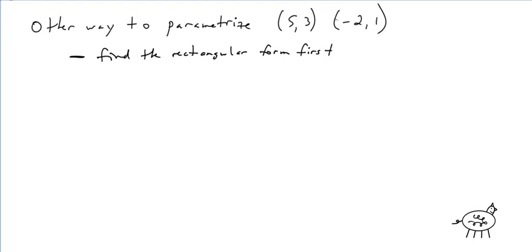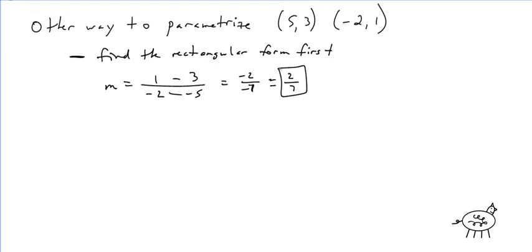So what I'm going to do is find the slope of this line. So m is equal to 1 minus 3 over negative 2 minus 5. That gives me negative 2 over negative 7, which is positive 2/7. Okay, so that's my slope. And then let's just use point slope. I'm going to use the first point. y minus 3 equals 2/7 times x minus 5.